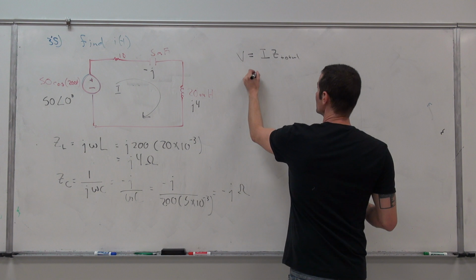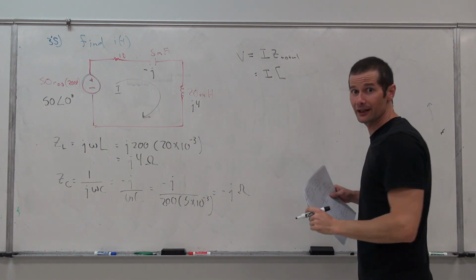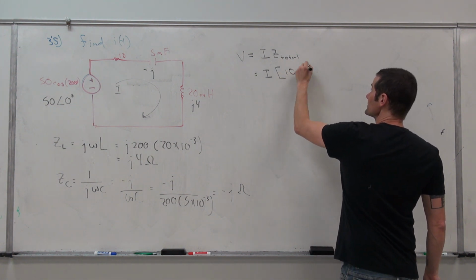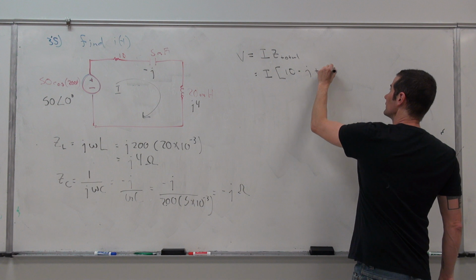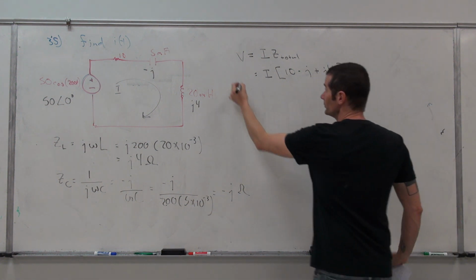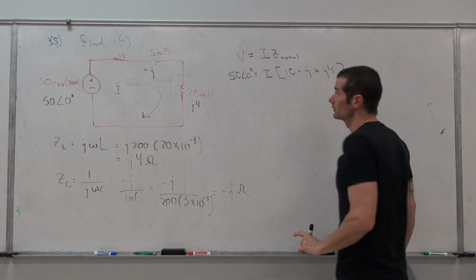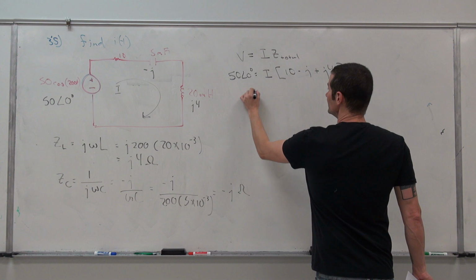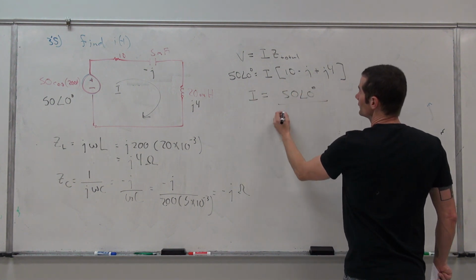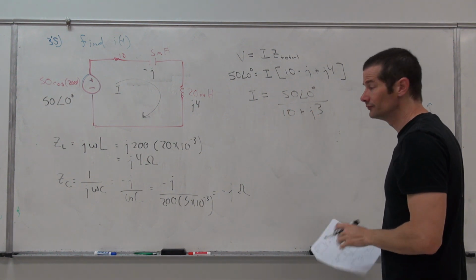So we have I, and then we go around the closed loop, applying KVL just like we did before: 10 minus j plus j4, and that would be equal to 50 at an angle of 0 degrees. So I is therefore equal to 50 at an angle of 0 degrees over 10 plus j3.